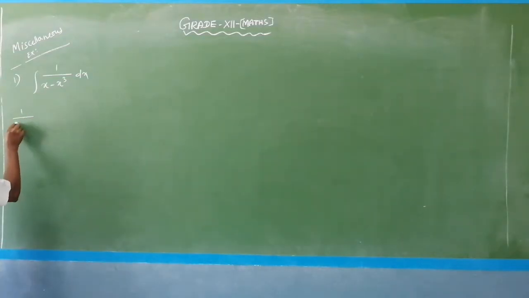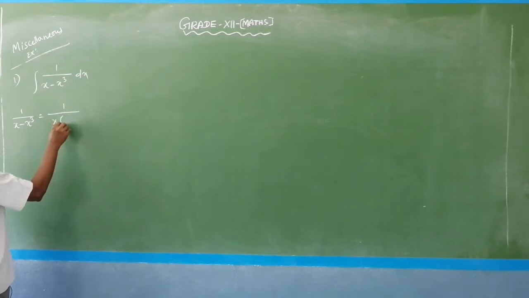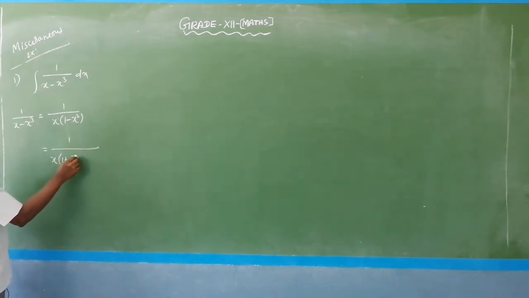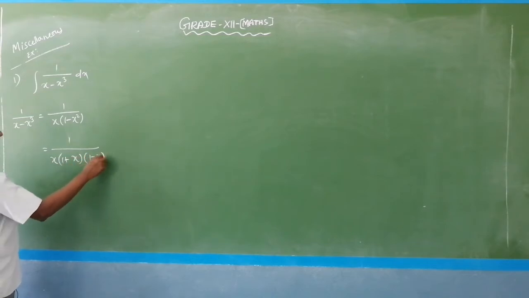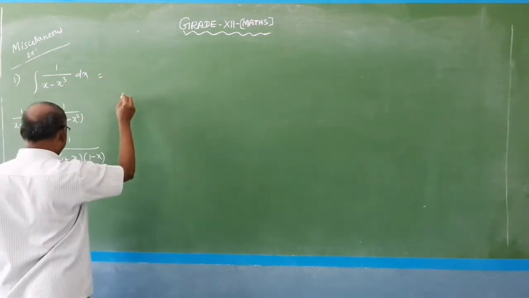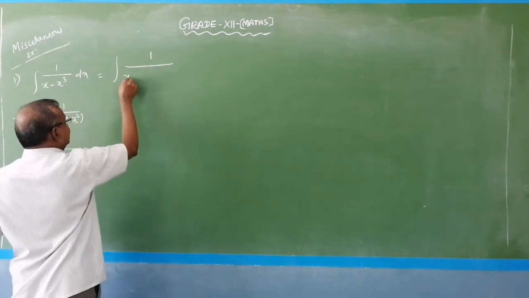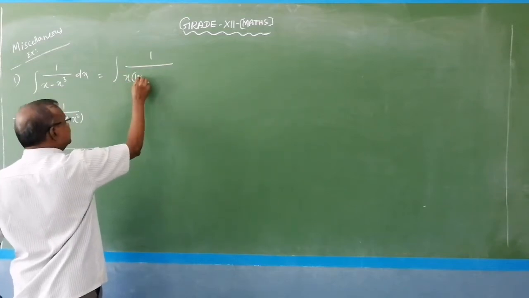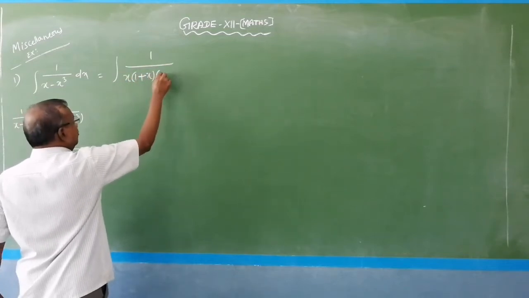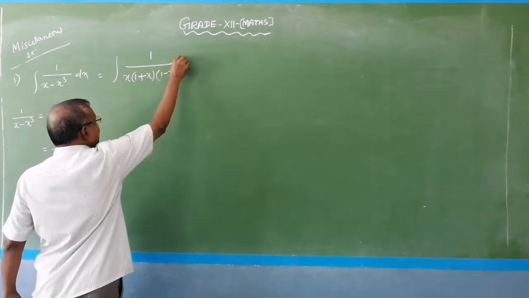1 by x minus x cube equal to 1 by x into 1 minus x square. That is equal to 1 by x into 1 plus x into 1 minus x. So, this can be written as integral 1 by x into 1 plus x into 1 minus x into dx.